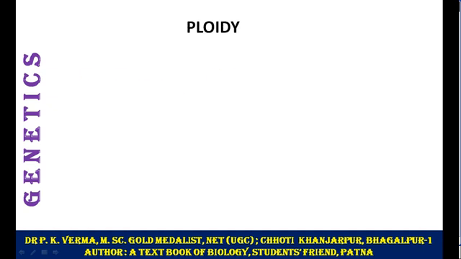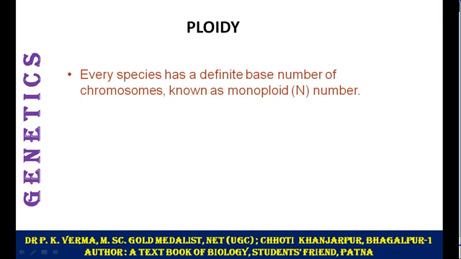Now come to ploidy. What is ploidy? Ploidy is a change in the complete set of chromosomes. Normally every species has a definite base number of chromosomes known as monoploid. One set of chromosomes forms a monoploid.